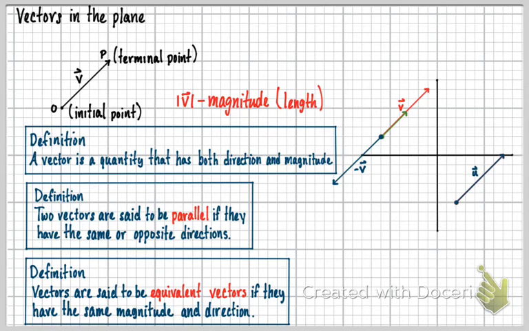Geometrically, these are all parallel to half v, to the regular v, which is the red one, to negative v, the blue one going in the opposite direction, and to u over here on the other side. Remember, parallel means the same or opposite directions, and that's what we see for all of these vectors.